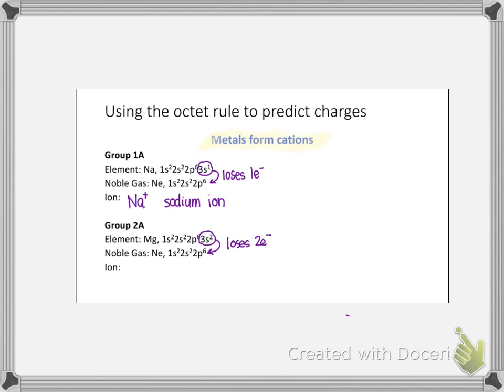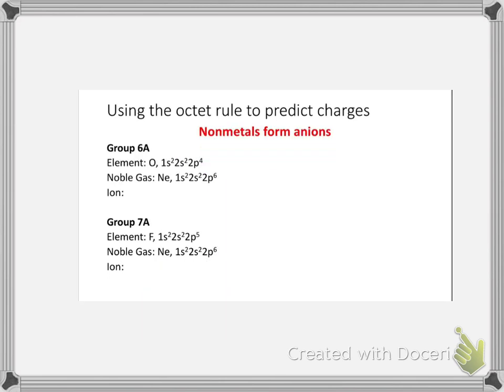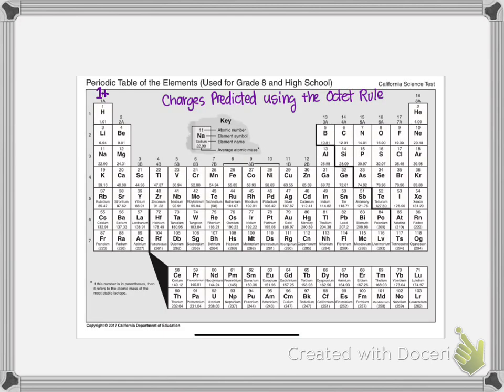And when it loses the 2 electrons, it becomes magnesium with a 2 plus charge. We would call that the magnesium ion. Remember, metals, their cations are named the same as their element. So let's put this on the periodic table, because what we know is every element in group 2A has 2 valence electrons.